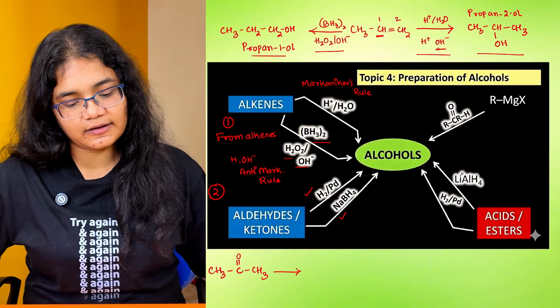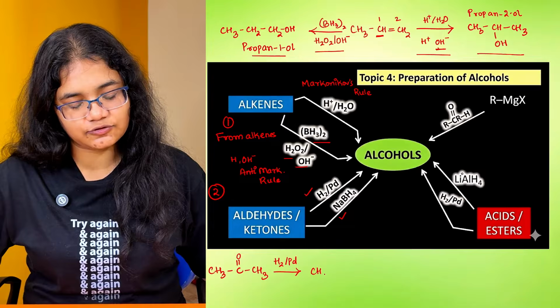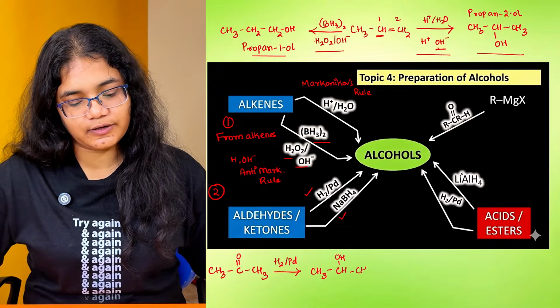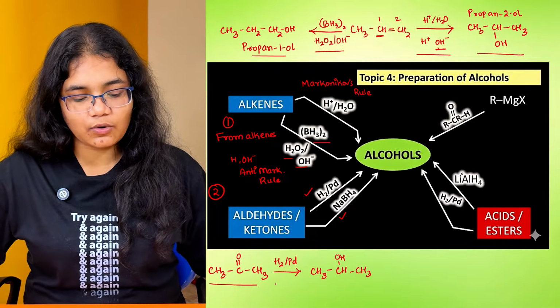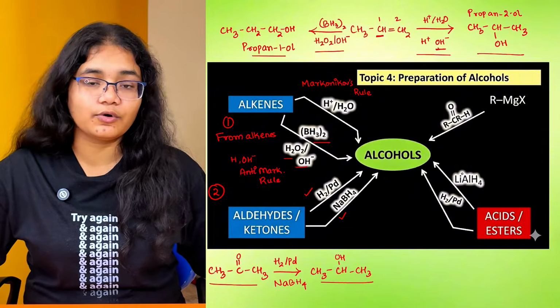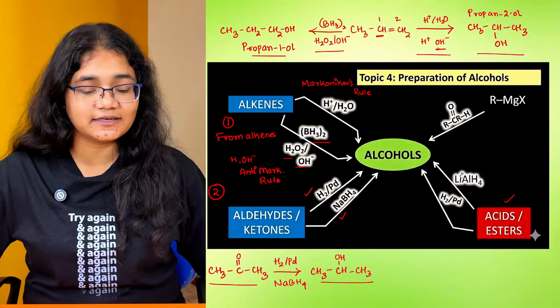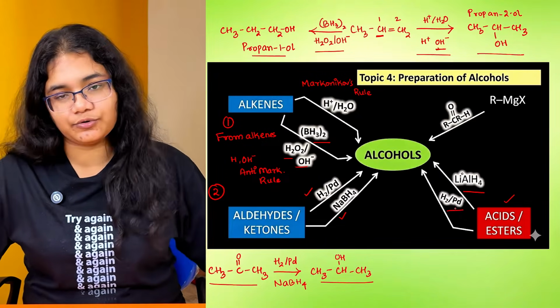Now if I add here H2 with palladium, what will happen? CH3 CHOH CH3. And this particular compound you can also treat with NaBH4 to give you the alcohol. Now similarly we can also use acids and esters. So if you have acids and esters, the reagent used is LiAlH4 and hydrogen or hydrogen palladium.